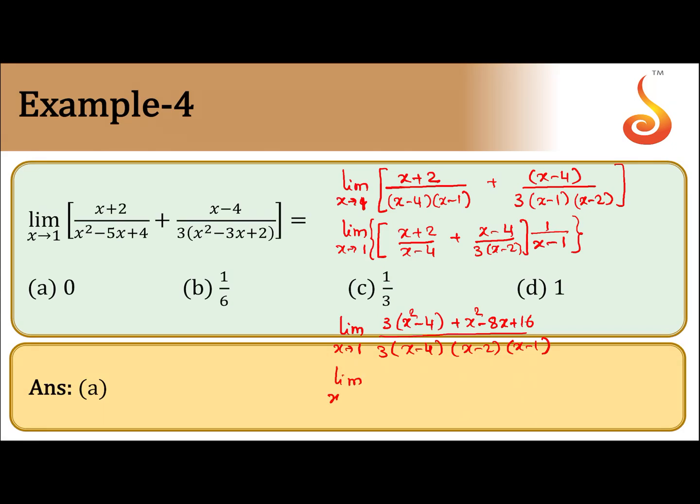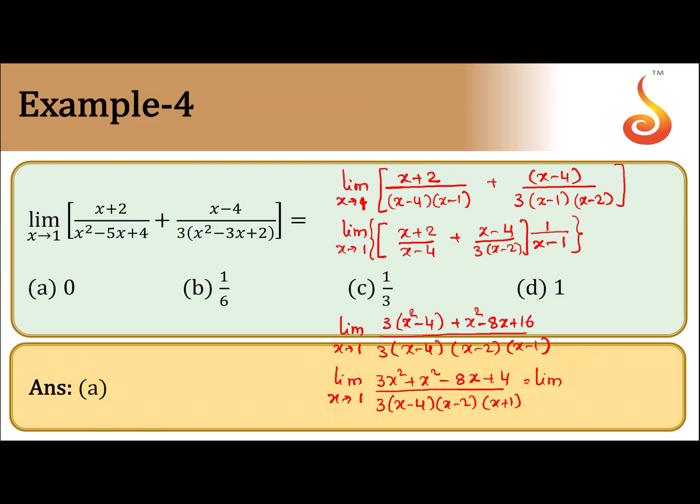So limit x extending to 1, 3 into 3x square plus x square minus 8x, fourth is minus 12 plus 16 will give you plus 4, whole divided by 3 into x minus 4 into x minus 2 into x plus 1.